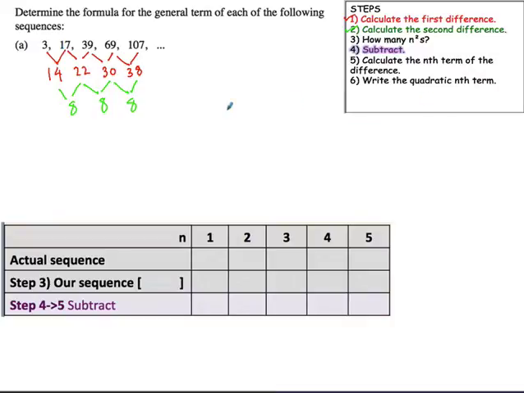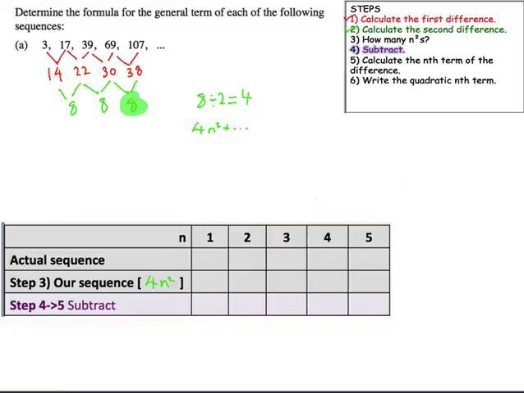Well, remember, we need to work out the second difference, which is 8, and divide it by 2, which equals 4. So our equation, or how many n squareds there are, is 4n squared plus something. We don't know what that is. So our sequence has 4n squared in it.